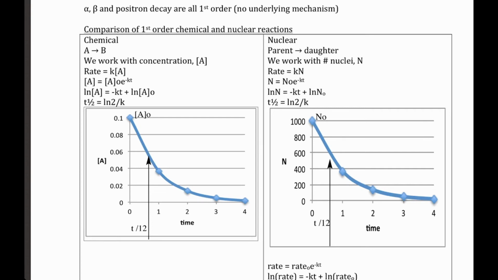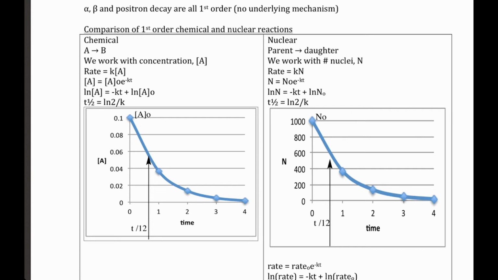Well, we have a completely analogous setup with nuclear decay. We have the parent forming the daughter. We work with often numbers of nuclei, N. We will see that we can work with rate also. We will see that we can work with mass. But let's just say, okay, we're looking at how many nuclei are there versus time. So we would have that rate is equal to kN, first order, so N to the first power.